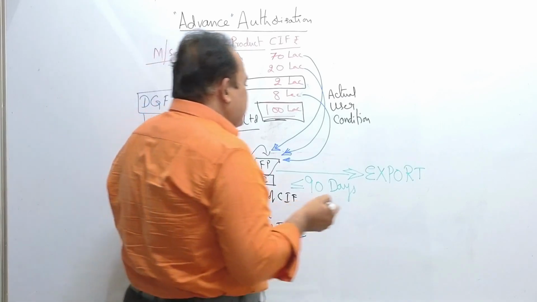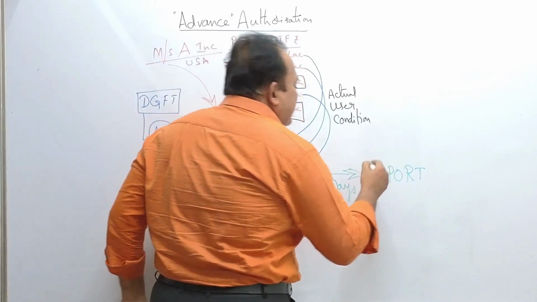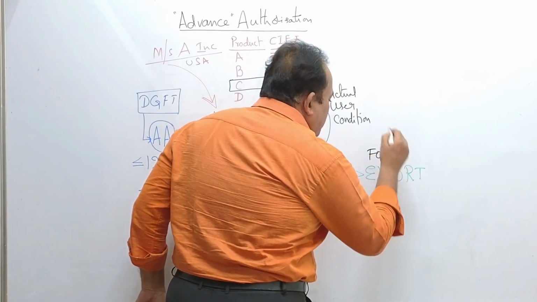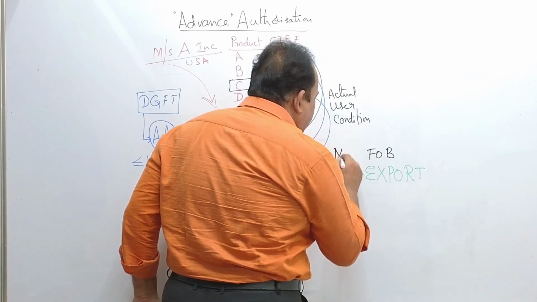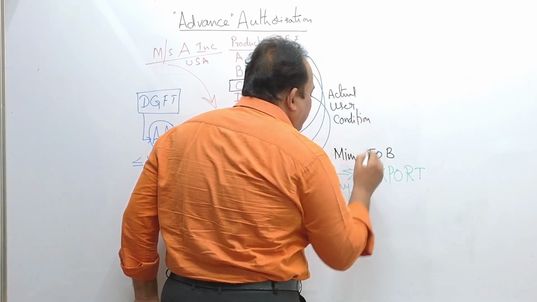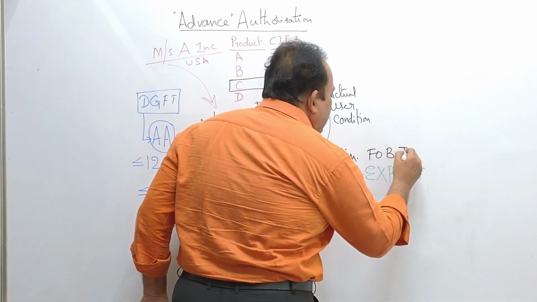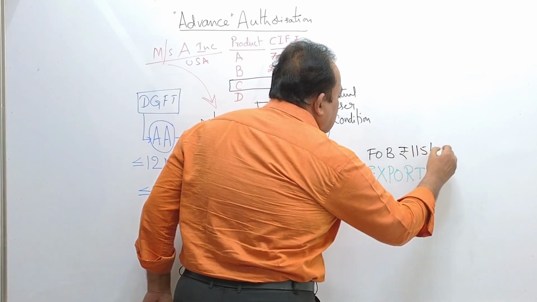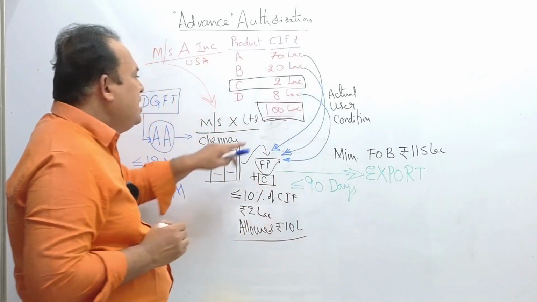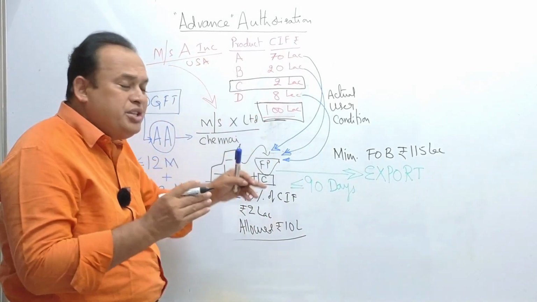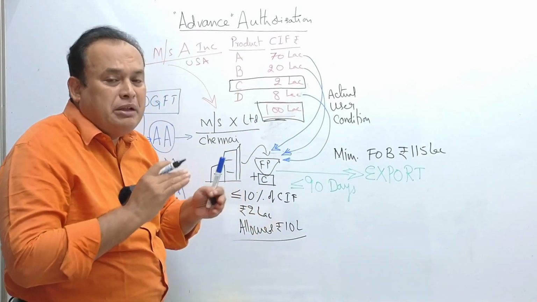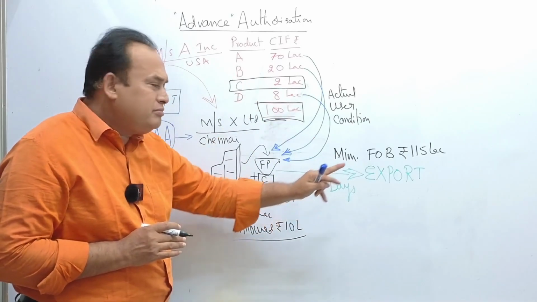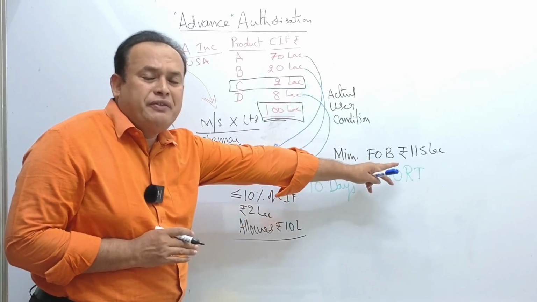Meaning thereby, my minimum FOB value of export should be 115 lakhs. What I imported is 100 lakhs of CIF value, value addition 15% thereon, namely 15 lakhs. So the export FOB value should be minimum 115 lakhs and above.